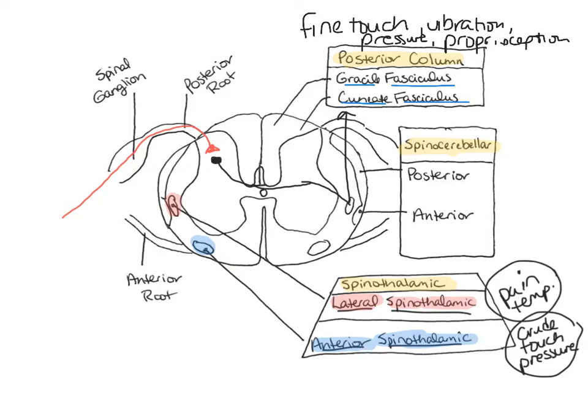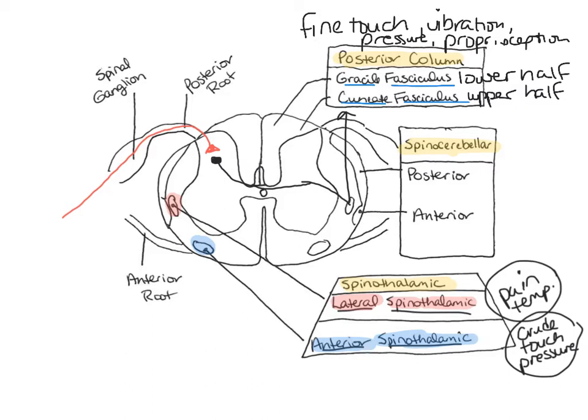So the gracile fasciculus is carrying sensory information from the lower extremity, the lower half of the body, whereas the cuneate fasciculus is carrying information from the upper half of the body, carrying fine touch, vibration, pressure, and proprioception, right?